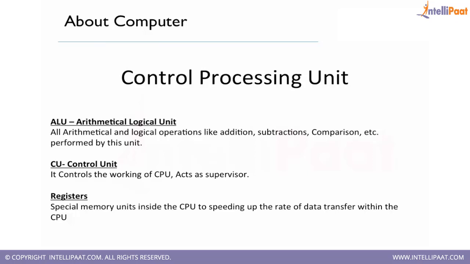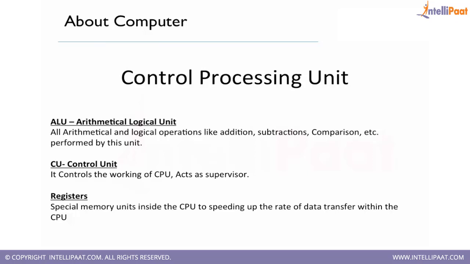Control unit controls the working of the CPU. Basically, it controls where to get the data, where to put the data, how to switch between the registers, and so on. Registers are special memory units inside the CPU to speed up the rate of data transfer within the CPU.